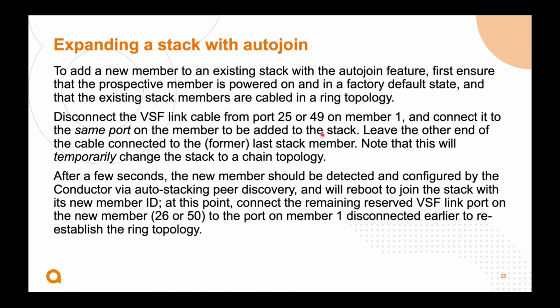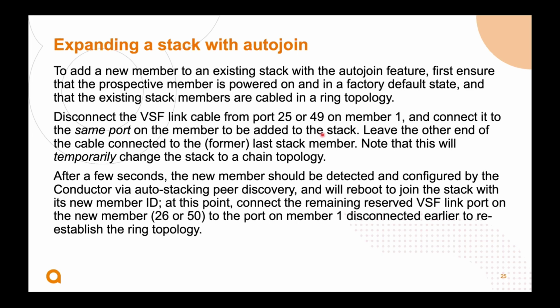But the way you do this is you move the VSF link cable from the lower number port on member 1, which is connected to the far end of your ring topology, and connect it to the same port or the lower number port on the new member that you're adding to the stack.